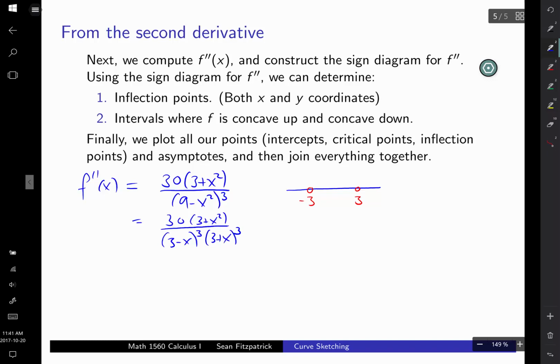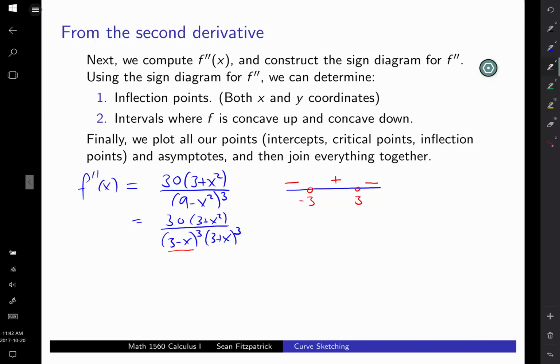And so I've got odd powers on the bottom, so I am going to get some sign changes here. When x is bigger than 3, the 3 minus x will be negative. The 3 plus x will be positive. So overall negative. In between it's going to be positive, and then out here both of them are negative, so I get minus plus minus for my sign diagram.